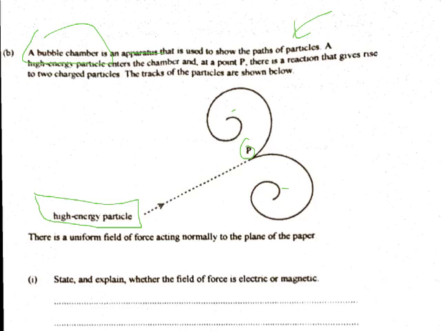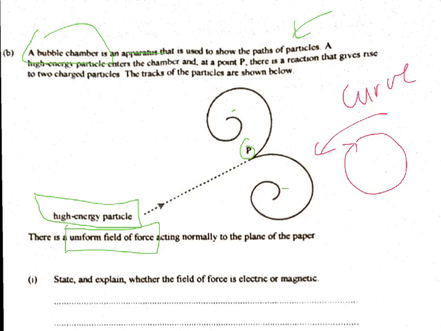Now this is all caused because of some kind of force field. And you should by now be able to identify, because it's a curve, because we get this circular motion, it must be due to a magnetic field. If it was electric, you would have a deflection that way or that way, but never this curving stuff.